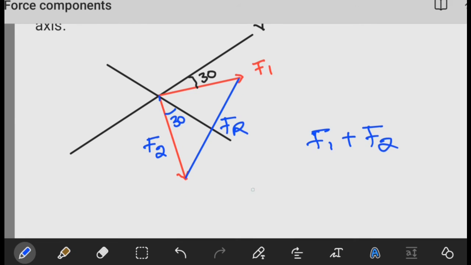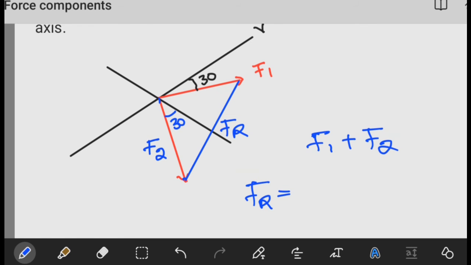Instead, if you started from here going towards this direction, what it would give you is F2 minus F1. Because from here, not even F2 minus F1, sorry for that.